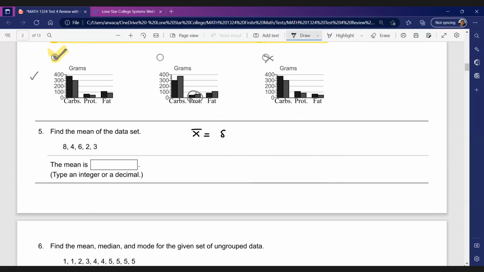We have 8 plus 4 plus 6 plus 2 plus 3. So we find the sum of those numbers, and then we divide by the number of items here. 1, 2, 3, 4, 5. And it says type an integer or a decimal. And in this case, after adding and dividing, we get 4.6.